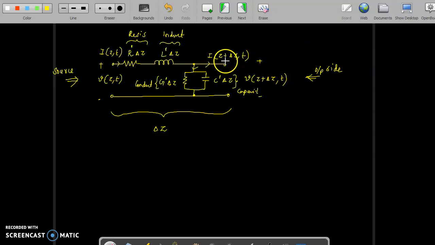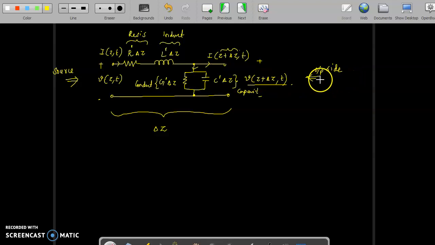So what is the current that is received at the output side? The current received at the output side is changed by a small fraction because the current is transferring over a length of delta Z. So it can be modeled as I as a function of Z plus delta Z and time. Similarly, what would be the voltage at the output side? This is also subjected to small changes due to the line, because we know that some kind of voltage regulation will happen at the output side.